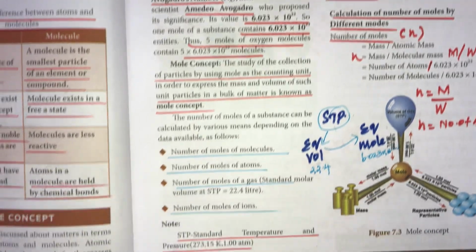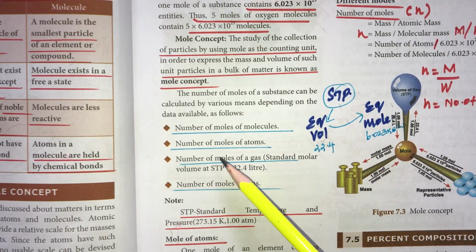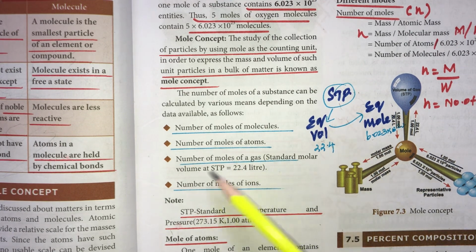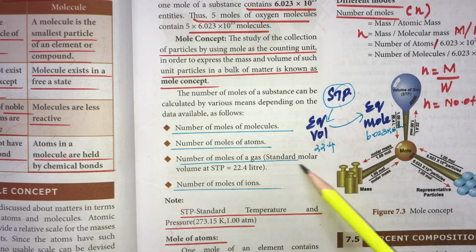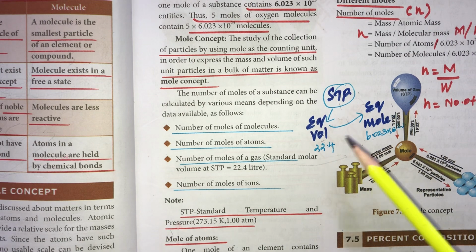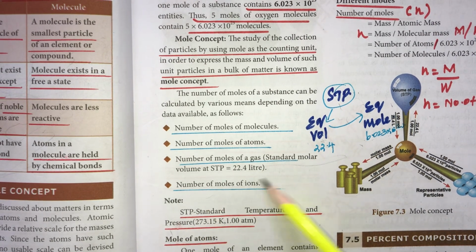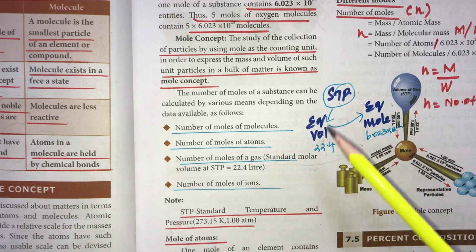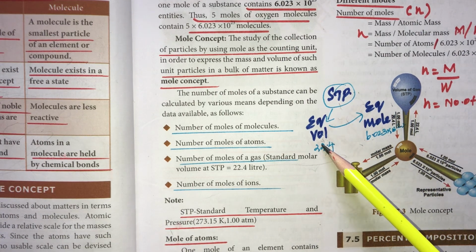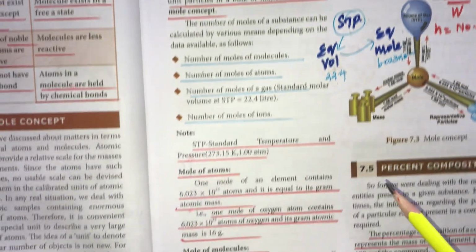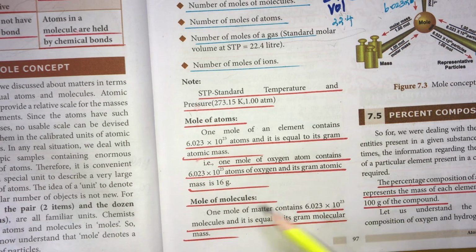So the mole concept tries to explain the number of moles of molecules and atoms, and the number of moles of the substance present in 22.4 liters, that is the molar volume, and the number of ions present at STP condition. The 1 molar volume will contain how many molecules? Mass of atom and mass of molecule.